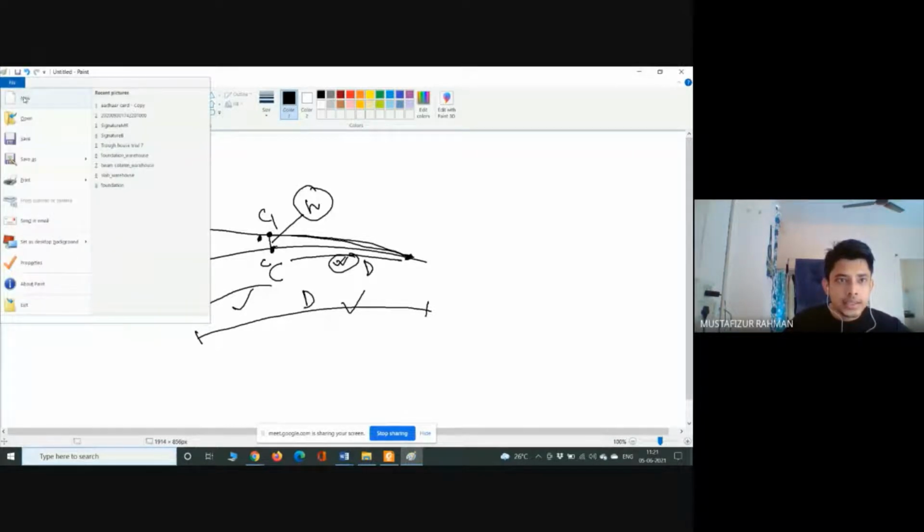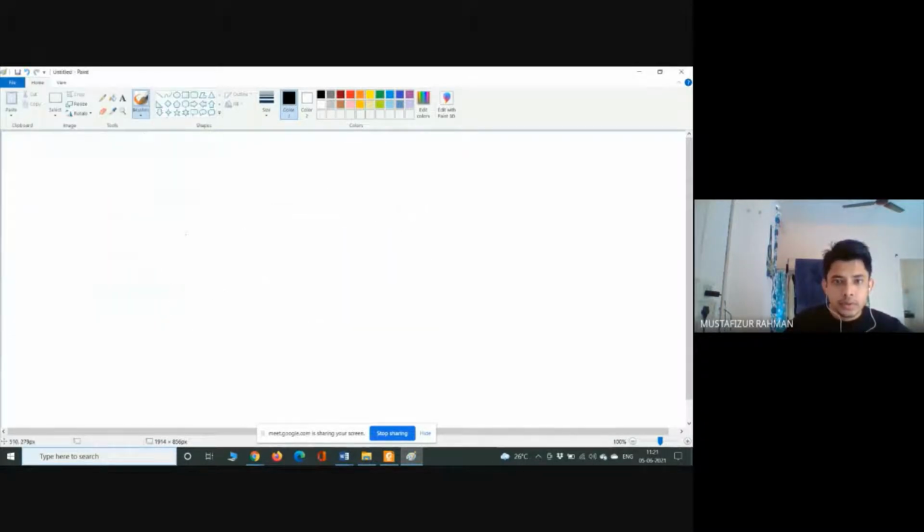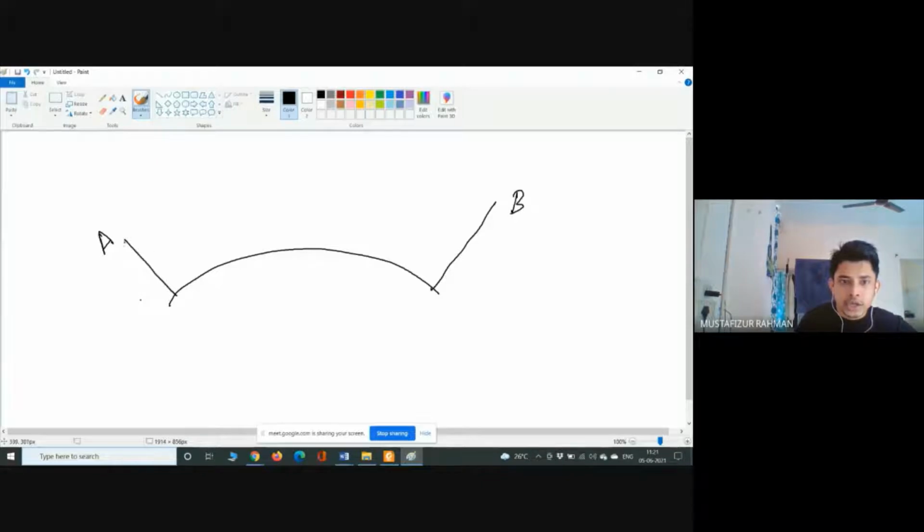Now after knowing these things, what we can do: we are here at the A point, this is our B point. Let's try to look from the ground point of A to the ground point of B this way. And this was our original line of sight through the horizon, right?